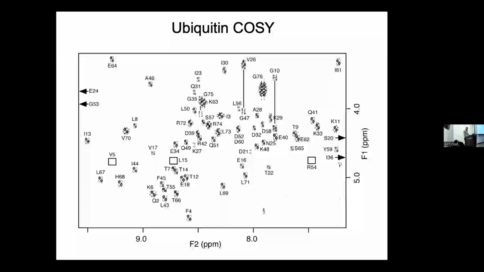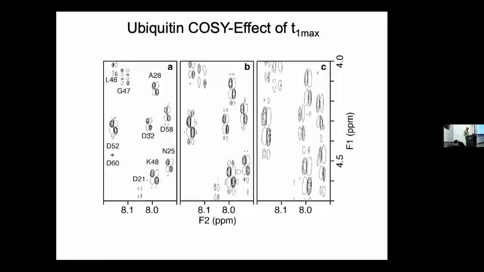Now, the cross peaks build up during T1 through a sine function. So when T1 is small, that sine function is going to be small. When T1 is large, the sine function initially grows for quite a while, but of course, relaxation is killing the signal. That's shown here, in which, from right to left, the maximum value of T1 is increasing.